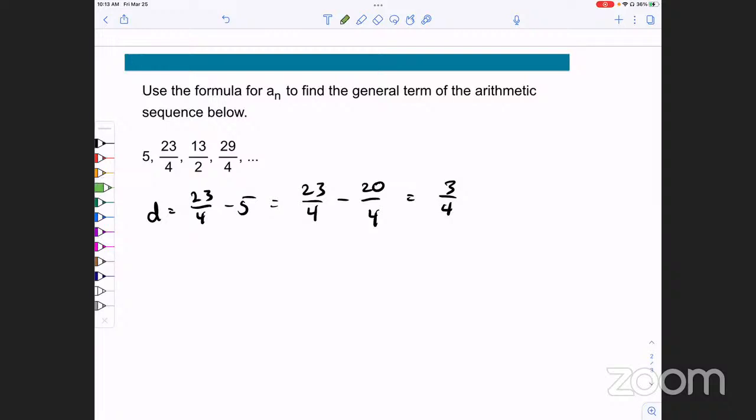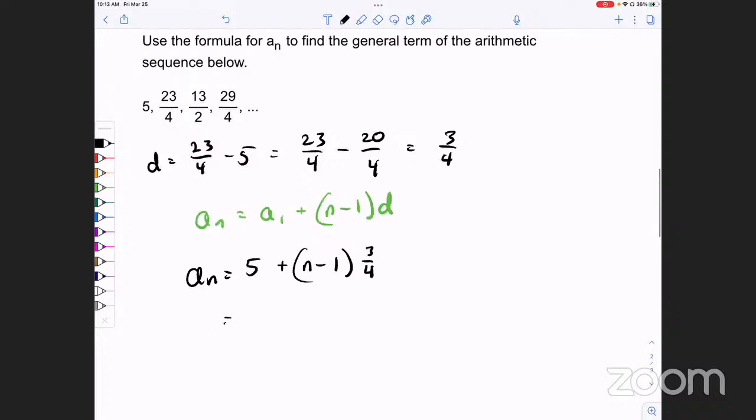Every time we use a formula, it's a good idea to write it down. The general term for an arithmetic sequence is A1 plus n minus 1 times D. So our general term is 5 plus n minus 1 times 3/4.